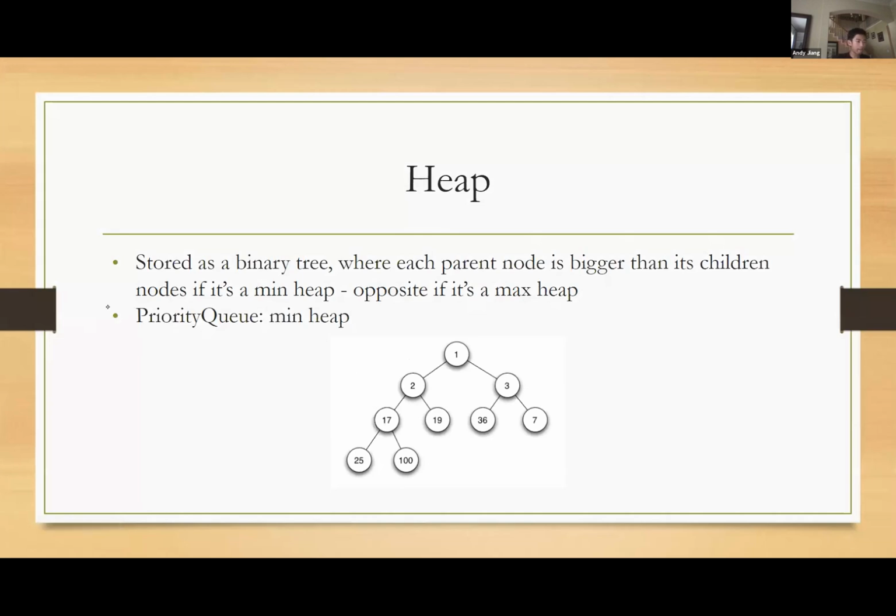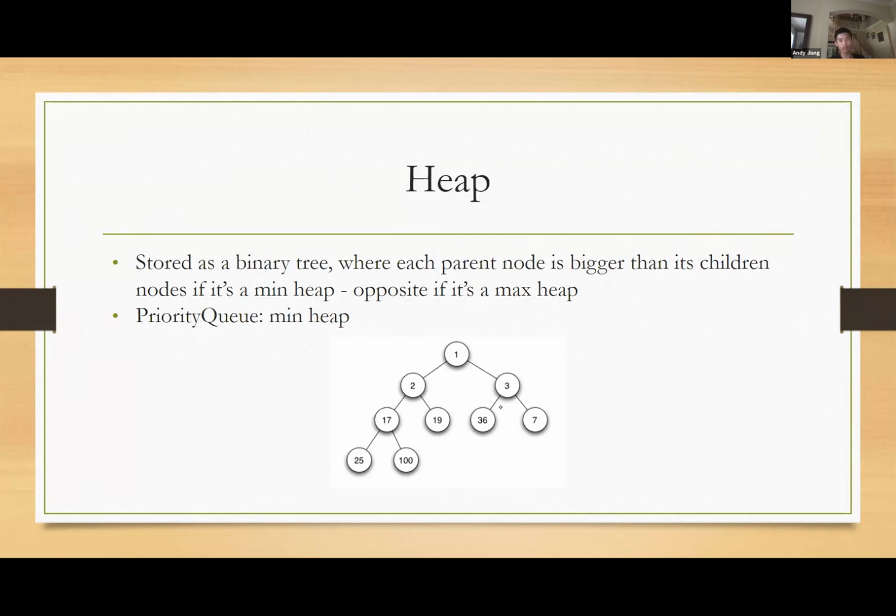In Java, we have a heap called PriorityQueue. This is a bit misleading because it's called queue, but the reason it's called queue is because we have the same methods of pushing and, not enqueuing and dequeuing. The problem is it doesn't follow first in, first out. So when you see the term priority queue, I would say don't think of queue, but think of a heap. Or in fact, think of it as its own thing. And what PriorityQueue does is whenever you put something in, it gets sorted into this tree.